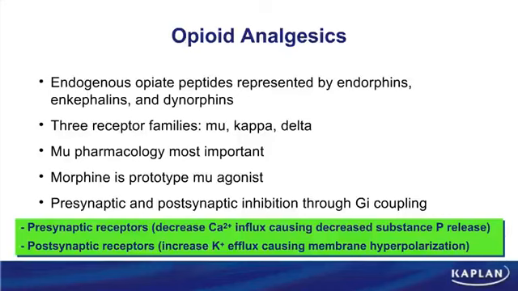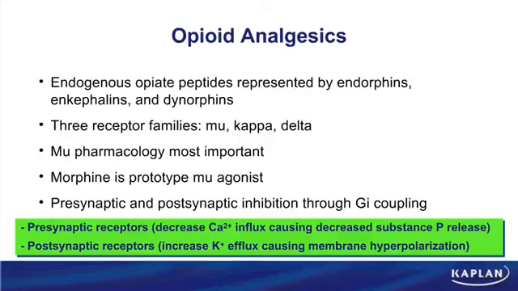In this case, the transmitter is substance P. Substance P is one of our pain transmitters, so this first mechanism reminds us one of the ways that opioids can stop pain, they inhibit the release of an important pain transmitter. The second mechanism, opioid receptors are found postsynaptically.